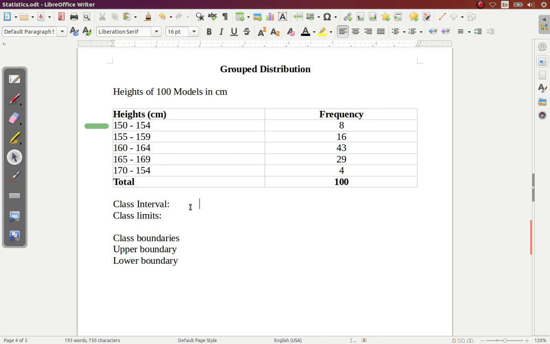So the class interval for the first class is 150 to 154. That's the class interval for the first class. Alright?